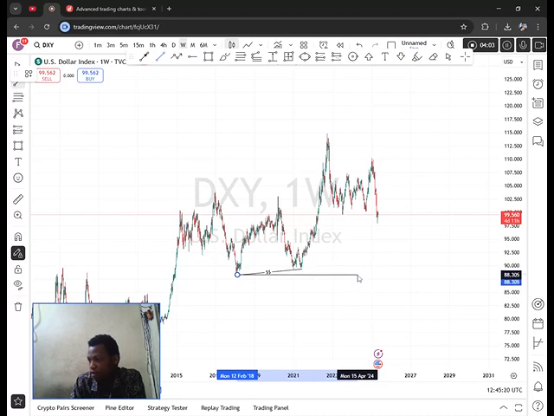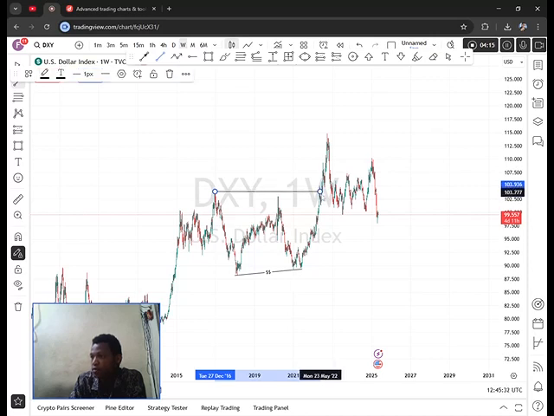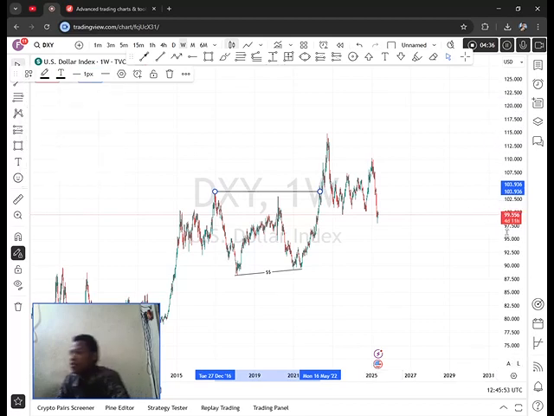So this is our break of structure here, because this high is no higher than this high. So let's just leave it like this. This is our weekly break of structure. We know that already.